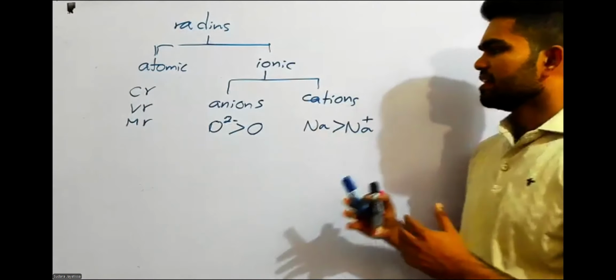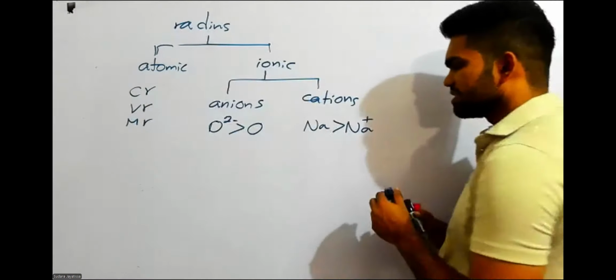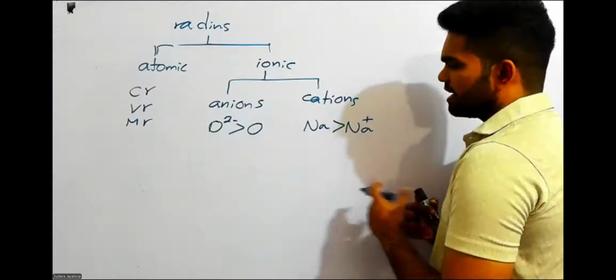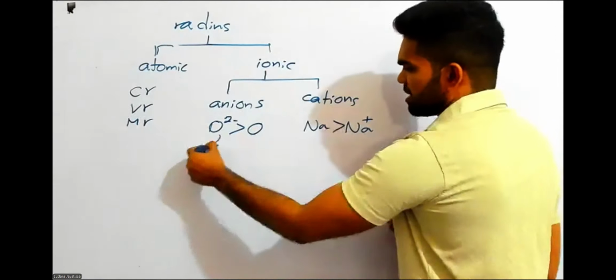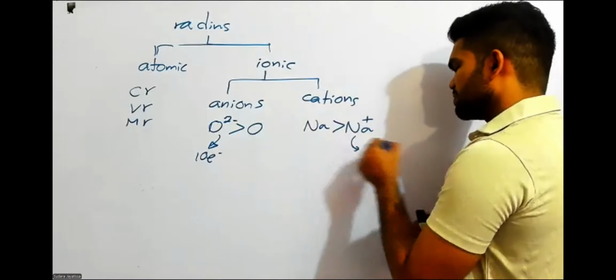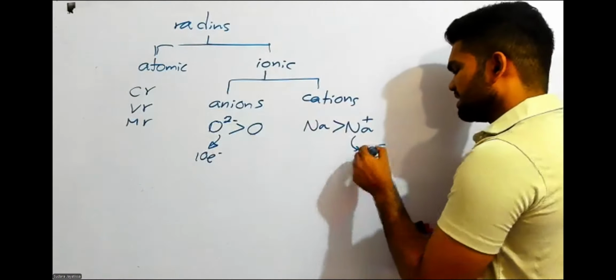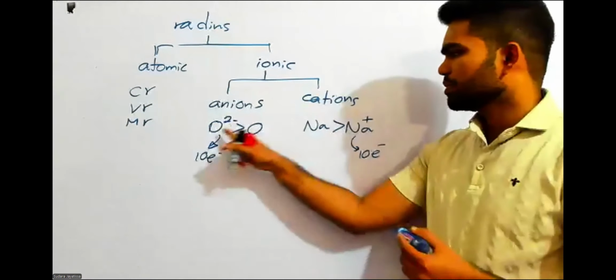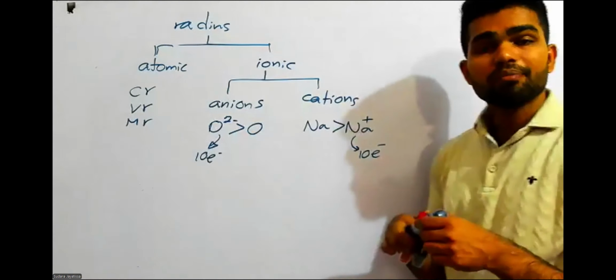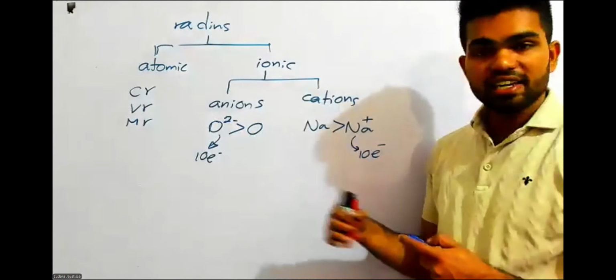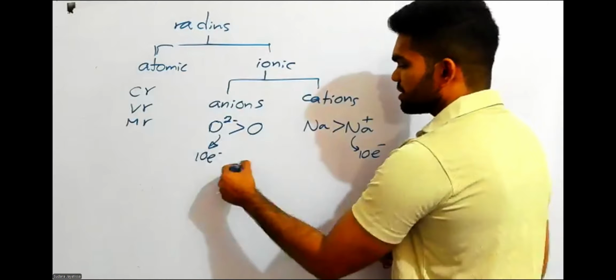Now in the periodic table, the oxide ion has 10 electrons, and the sodium ion also has 10 electrons. So both these entities, sodium plus and O2 minus, have the same number of electrons. There is another theory in ionic radius called isoelectronic ions.